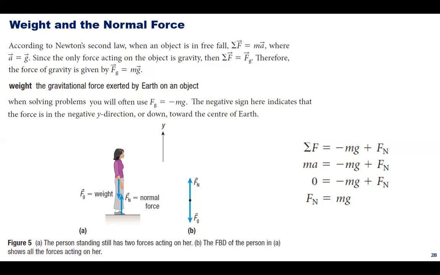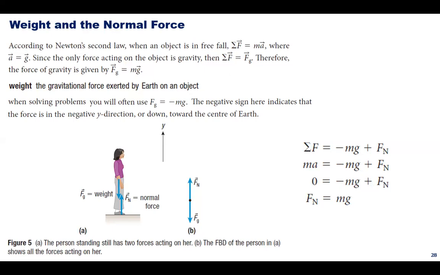So this means the normal force is equal in magnitude and opposite in direction to the person's weight in this case. This raises two common misconceptions in physics, which need to be cleared up at this point. First, the normal force is not the reaction force to gravity.